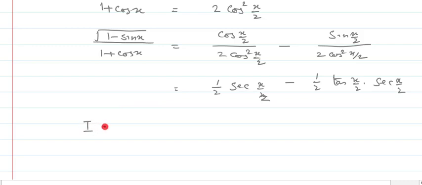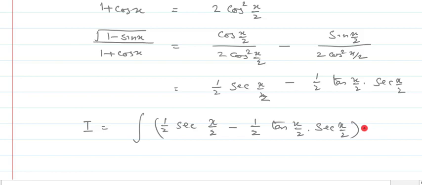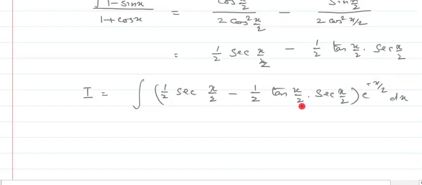So therefore I is equal to the integration of (half sec x/2 minus half tan x/2 into sec x/2) e power minus x/2 dx. As half tan x/2 into sec x/2 is the derivative of sec x/2, clearly this is f(x) and this is f dash x, and we know we need to use by parts on the portion e power x f(x).